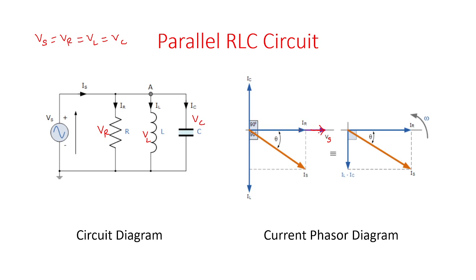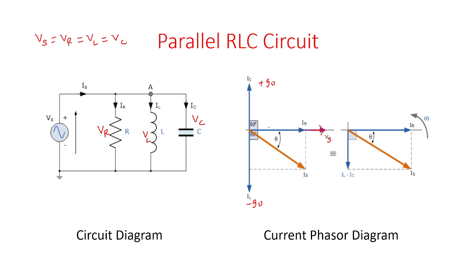Therefore, current and voltage are both plotted in the same direction on the same axis. And voltage leads current by an angle of 90°. Therefore, current is lagging by an angle of 90°. So voltage is plotted at 0°, and the inductor current is plotted at the minus 90° axis. And in the capacitor, current leads voltage by an angle of 90°. Therefore, current is plotted at the plus 90° axis.